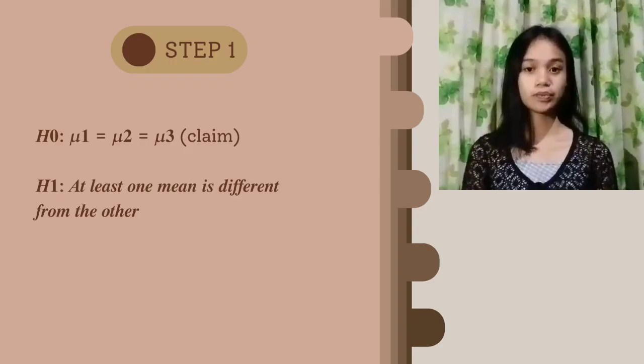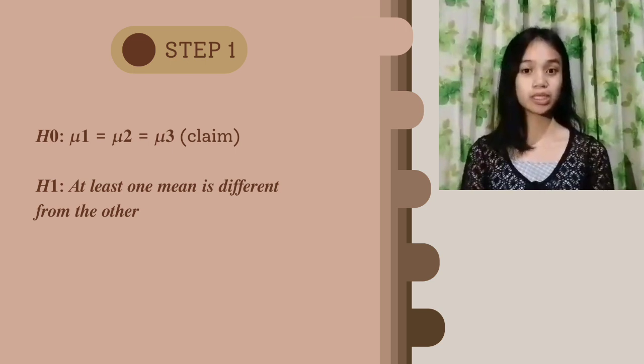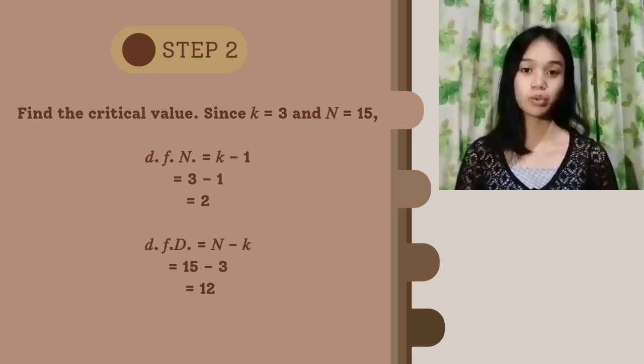Here are the following steps on how to solve the problem. Step 1. Hypothesis: mean 1 equals mean 2 equals mean 3. Hypothesis 1: at least one mean is different from the others. Step 2. We should find the critical value.